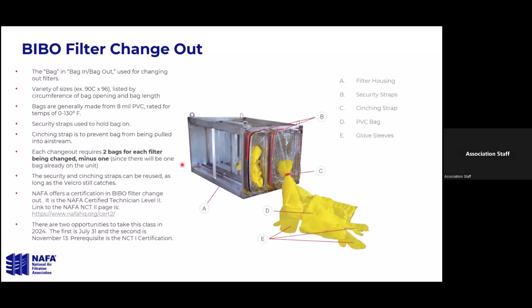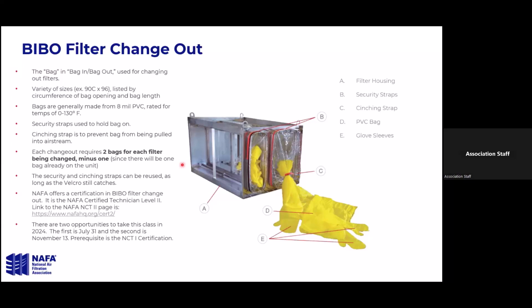And as Tony mentioned earlier, NAPA does offer a certification in bag in, bag out filter change out. It's the NAPA Certified Technician Level 2. And you'll see a link there to the NCT2 page on the NAPA website where you can get some more information and register. So there's 2 opportunities to take this class in 2024.